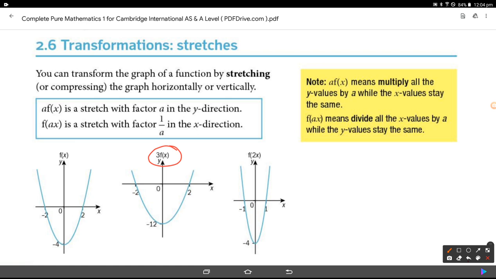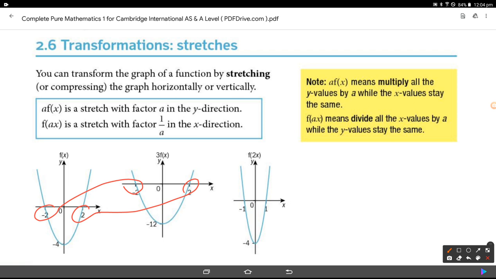If you look carefully, the x value 2 remains x value 2, no change in the x value. But the y coordinate minus 4 times 3 gives minus 12. The diagram did not show it realistically, but what I mean is that the y coordinate will move, while the x coordinates are not shifting anywhere.